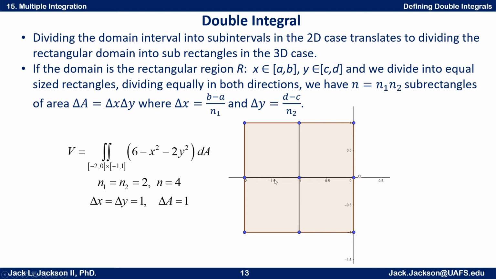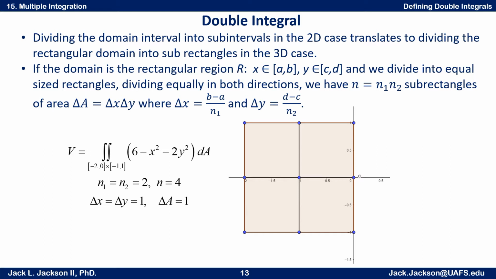Notice that for each one of these, delta x is 1 and delta y is 1. So delta A, the area of each one, is delta x times delta y, 1 times 1 equals 1. Each one has a sub-area of 1. In general, delta x is b minus a over n1, if a is on the left side and b on the right side, and n1 is how many divisions we have going across sideways.